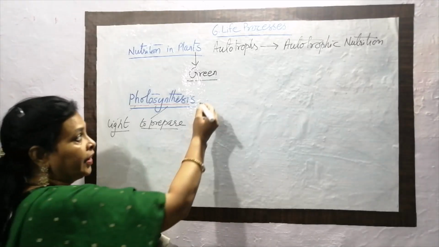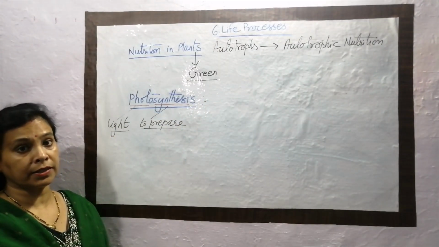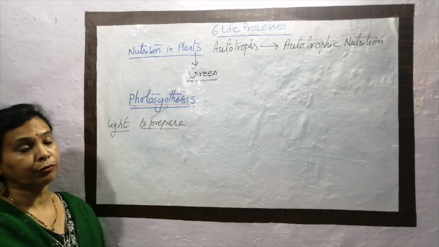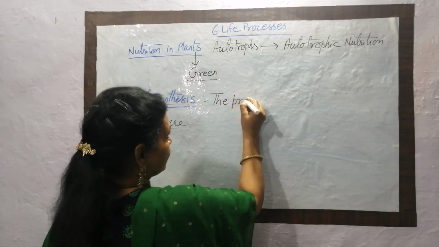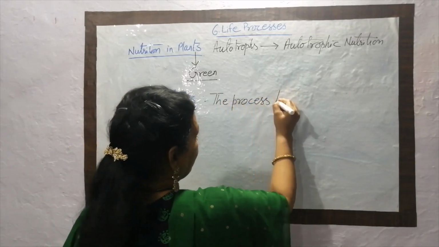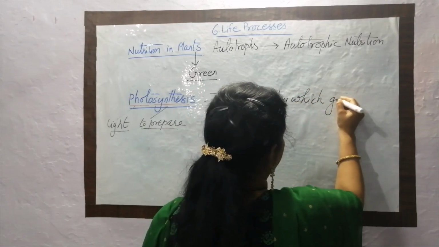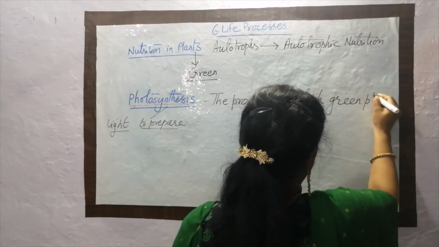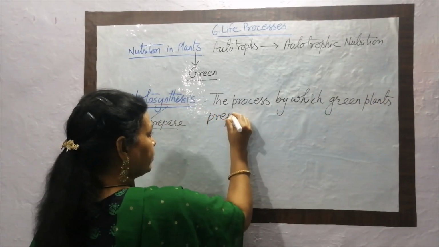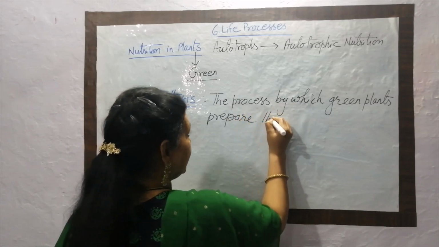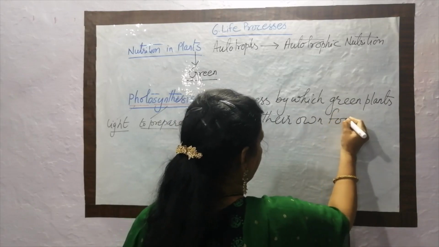But for writing, we have to make a proper definition for photosynthesis. So how can we define the term photosynthesis? What is photosynthesis? It is the process by which green plants prepare their own food. ना खुद का खाना बनाना.